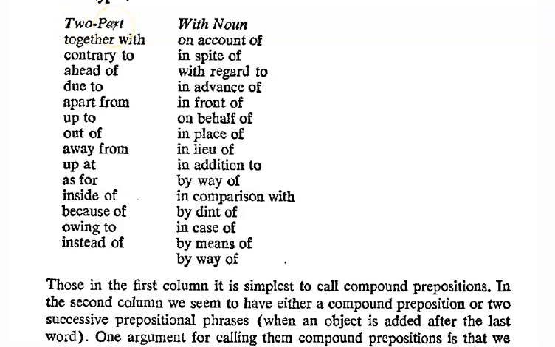Two-part prepositions made of two words. And again, remember, after a preposition, we should have a noun phrase. Or we can have compound prepositions with a noun in the middle, like these examples. And again, we use nouns after them.